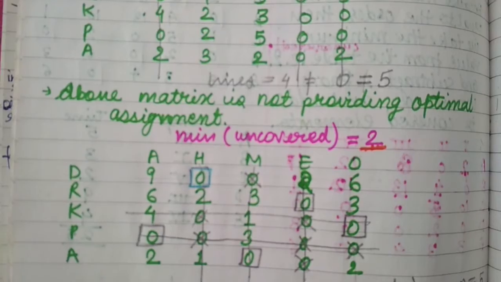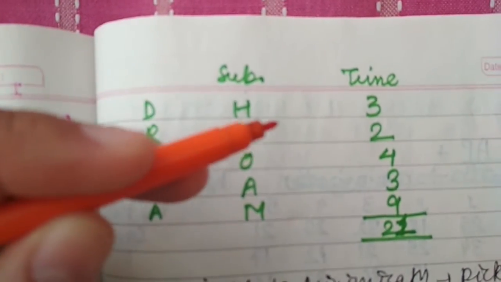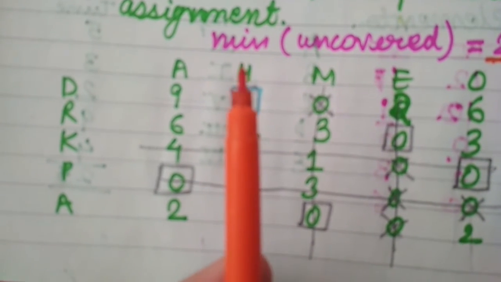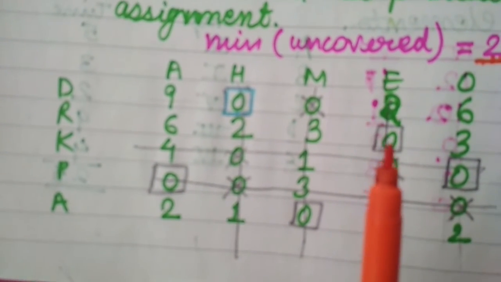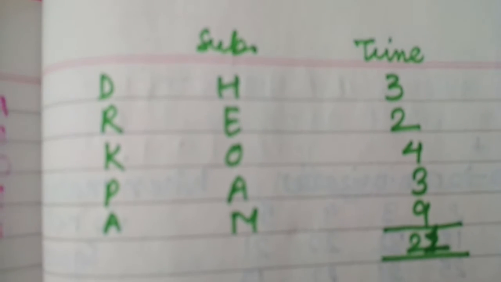The last step is that we write all the columns and the subjects with the time required to complete these subjects. So for D, the assignment is on H, so we write H. Then for R, the assignment is on E. For K, it's O. For P, it's A. And for A, it's M. So we write the subject column.